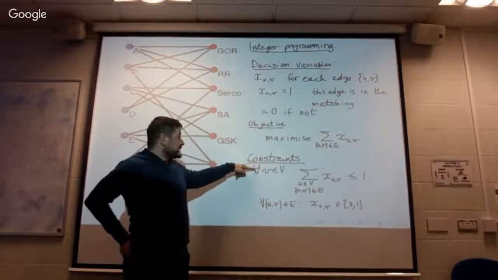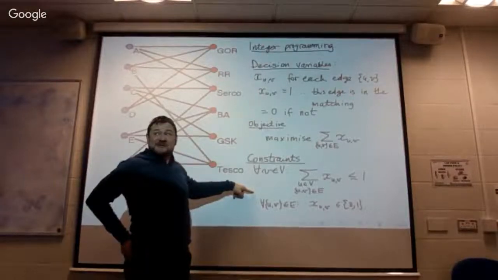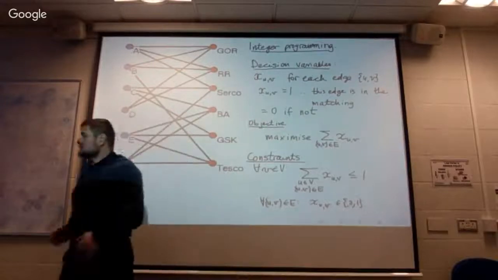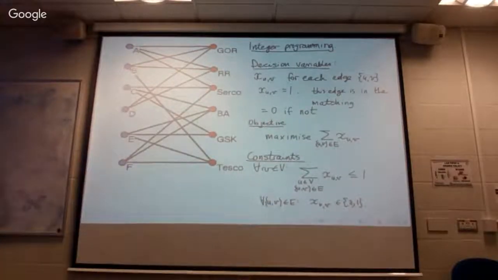We have as many constraints as there are vertices. Each of them forms a row in the matrix A. So what does the matrix A actually look like?